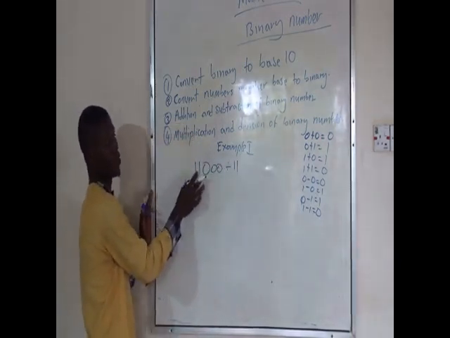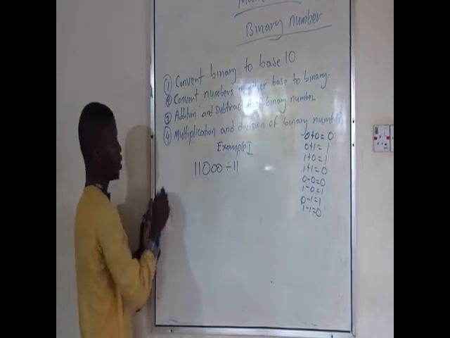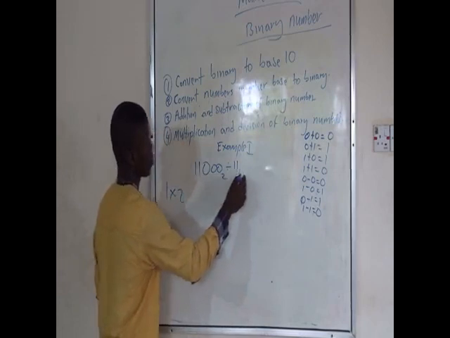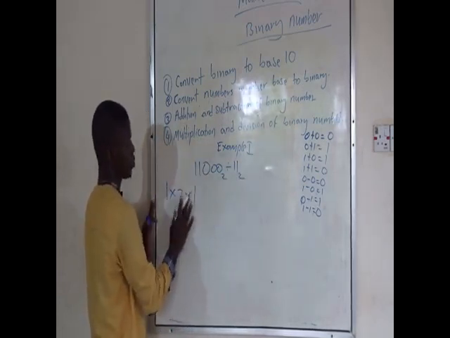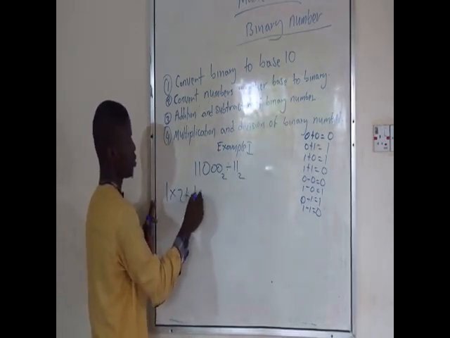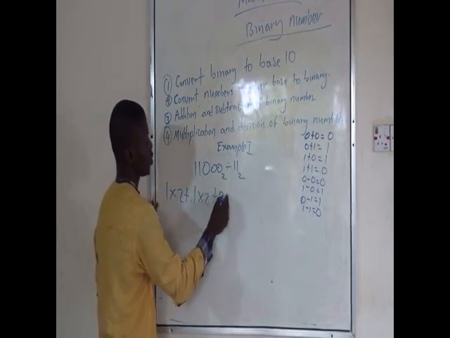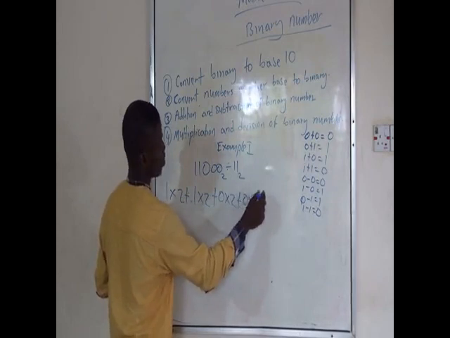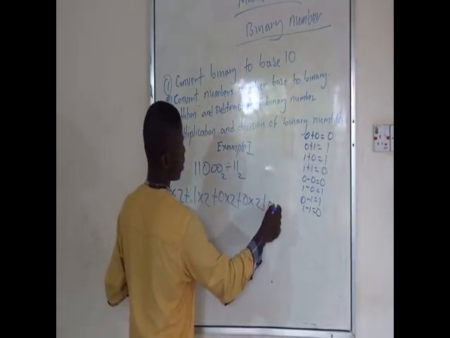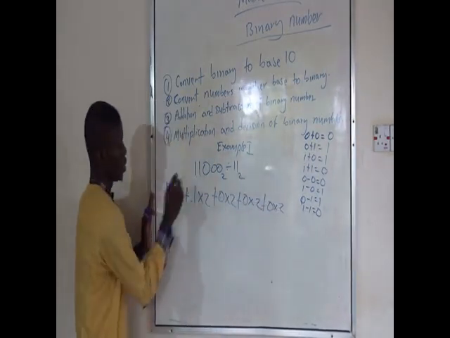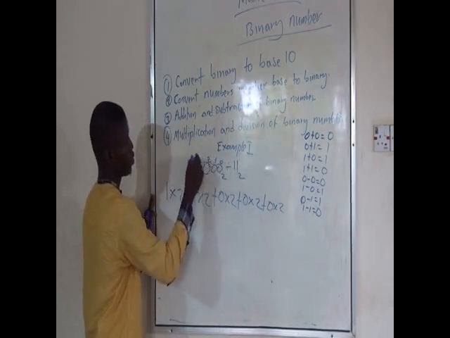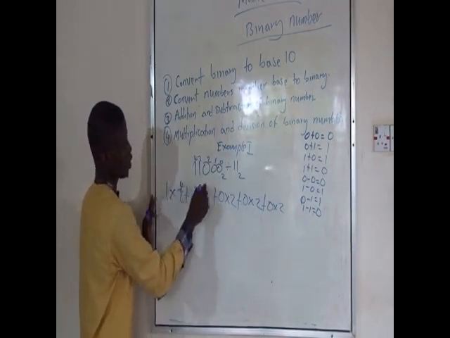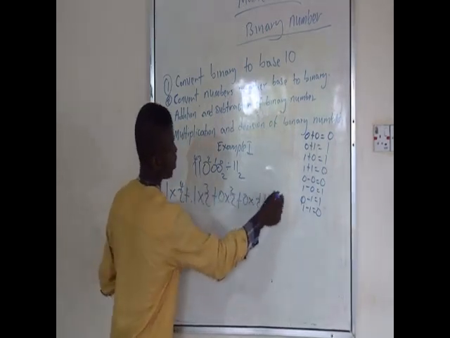First thing to do, I'll convert this back to base 10, which will give me 1 times 2 to the power 4 plus 1 times 2 to the power 3 plus 0 times 2 to the power 2 plus 0 times 2 to the power 1 plus 0 times 2 to the power 0. The powers are 4, 3, 2, 1 and 0.